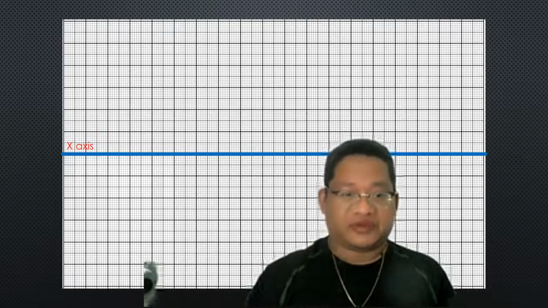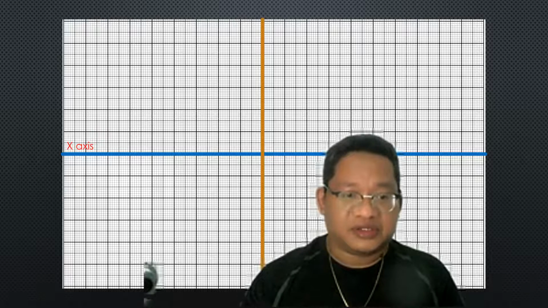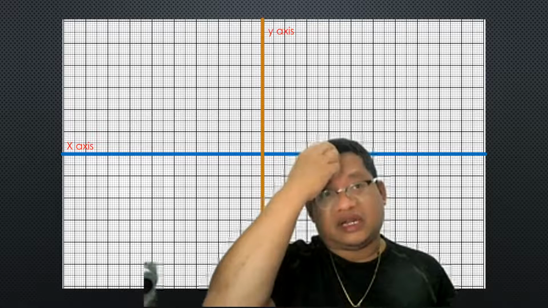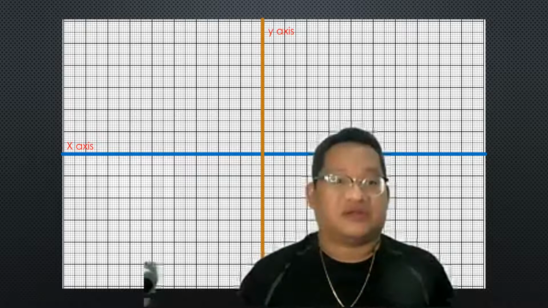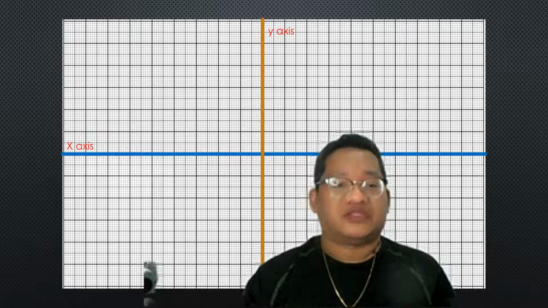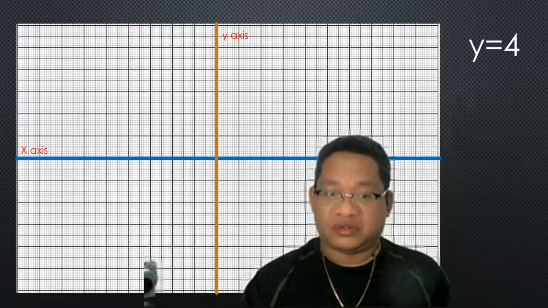And then you draw the vertical line, and after drawing the vertical line, you write the label, y-axis. Then after that, that's the time that you're going to draw your function.